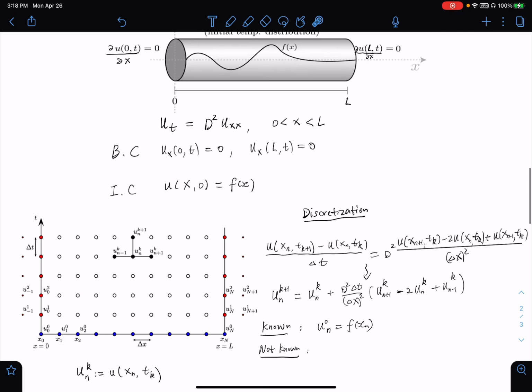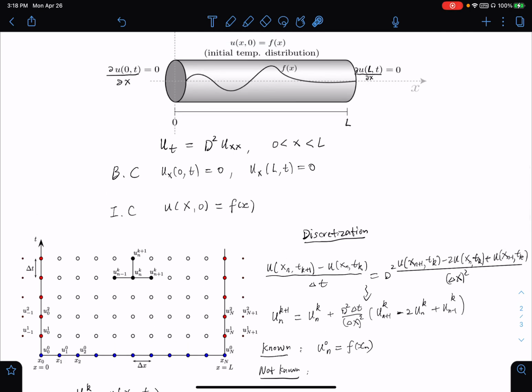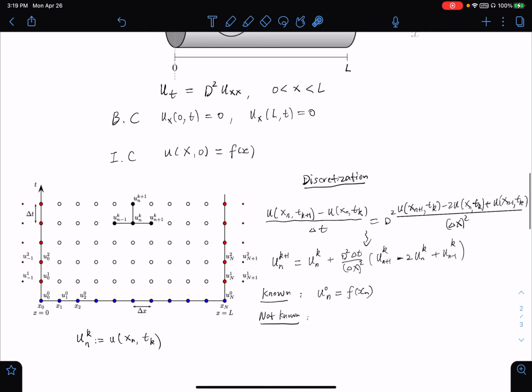So what's the difference between this problem and the previous problem? Let us now just write down the previous discretization for the equation itself. Here we're using the same finite difference formula for the ut derivative and the uxx derivative. And then we'll get the same recursion formula.